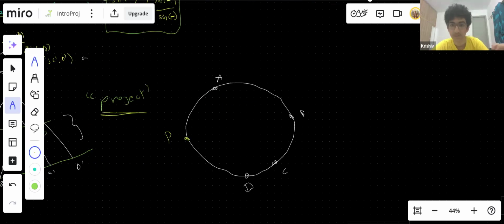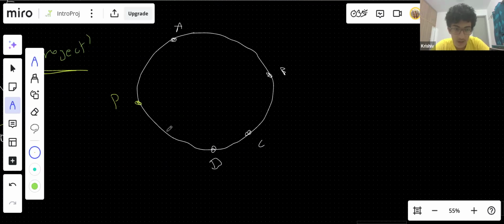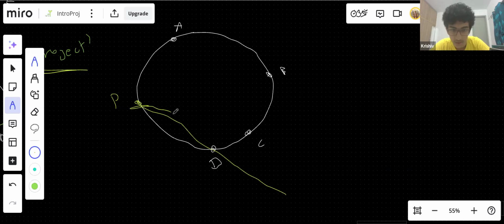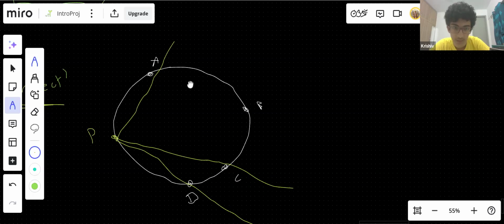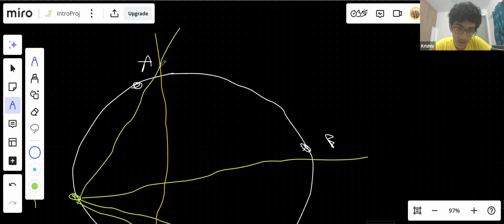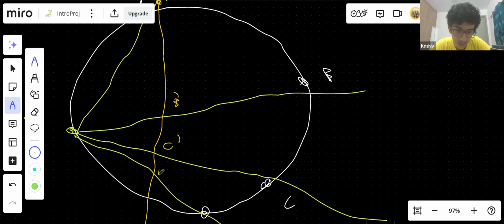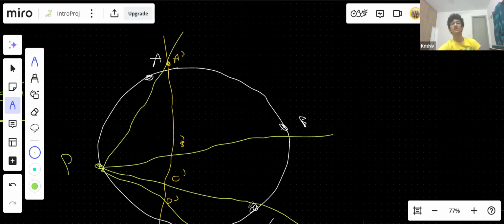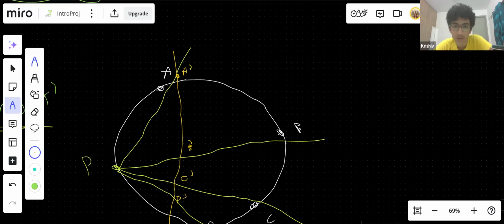We want to make this projection property the core idea of everything. So I'll project: I take the lines through P, and the line through these intersections, say A dash, B dash, C dash, D dash. And I'll define the cross ratio of A, B, C, D to be the cross ratio of these 4 points on the line.